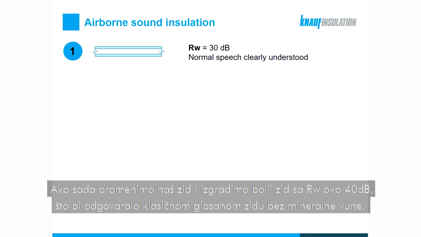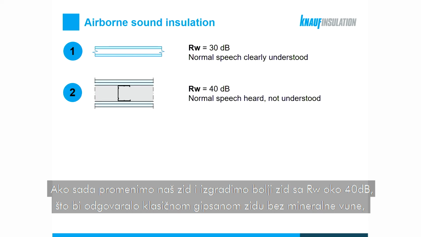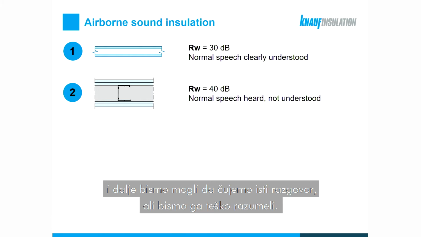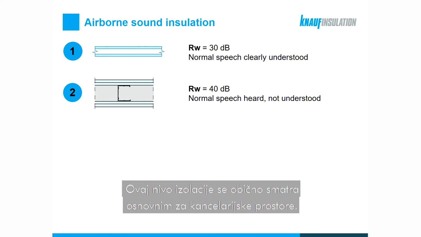Now, if we change this wall and we build a better one, which has the Rw of around 40 dB, which corresponds to a basic dry wall without the mineral wool inside, we can still hear the same conversation, but we would struggle to understand it this time. So this level of insulation is usually considered as the basic for the office space.